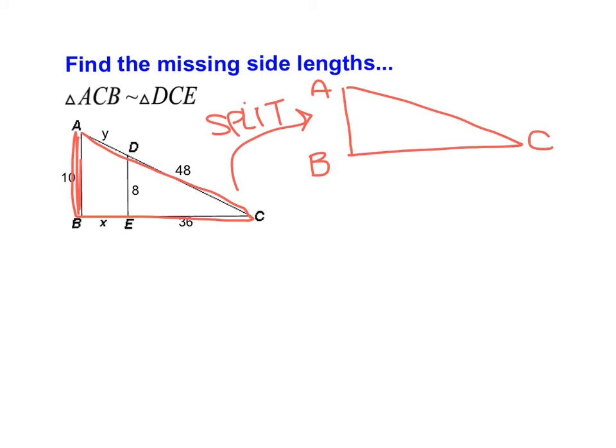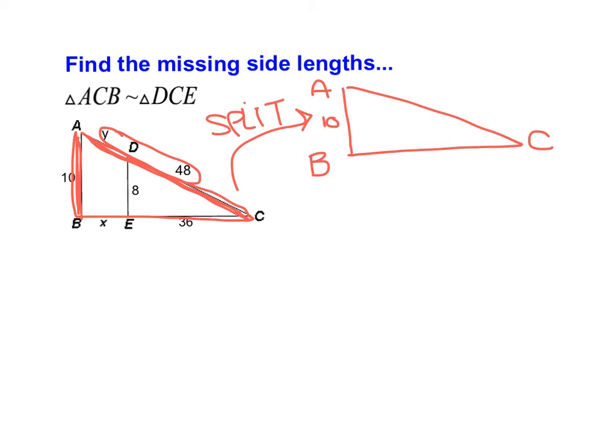Now, side length AB, I can clearly see here is 10. But then, to me, what's very tricky is I notice that this side length here is y and 48. Now, what's implied here is that those two side lengths added together. If you think about length, if y was 10 and it was 48, those would add together to be 58.